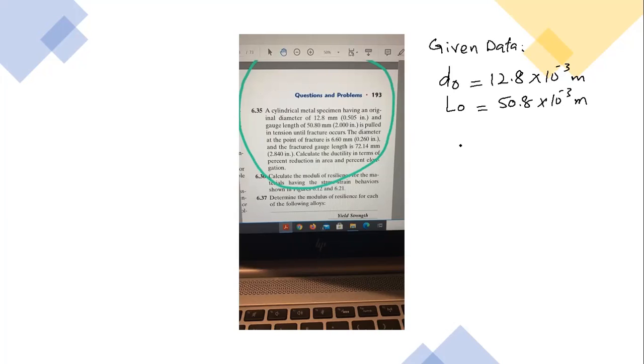Okay, so the next information given to us is that it is a circular cylinder, like this, and a tension force is applied. Omar, tell me, when I apply the tension force, what will happen to this specimen?